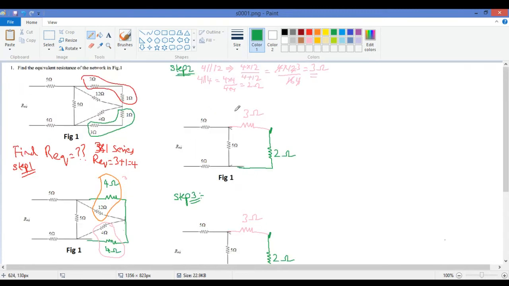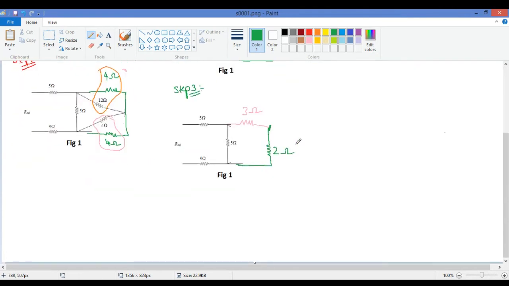In step 3, you see these are in series. Okay, so 3 plus 2 is how much? You get 5. So I get how much? 5.